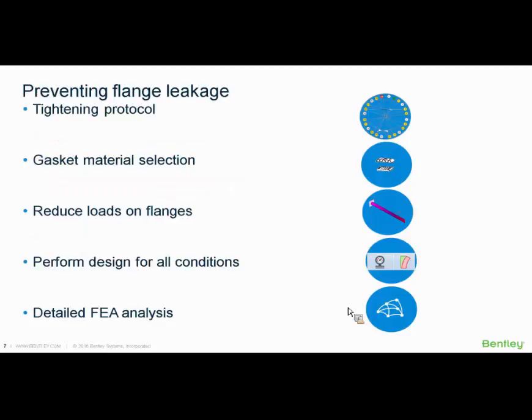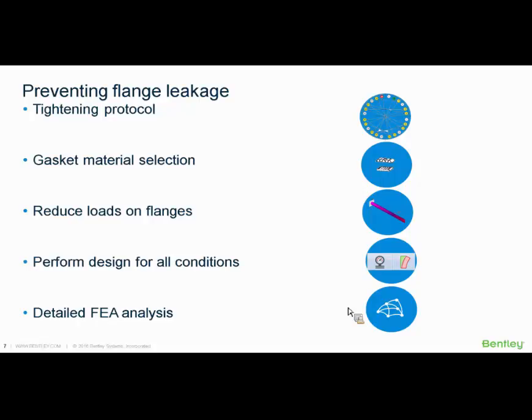So generally, preventing the flange leakage, what we could do, one of the most important things is the tightening protocol, where you have to have tools which can actually apply the torque that is given in the design specifications. You should have a protocol.